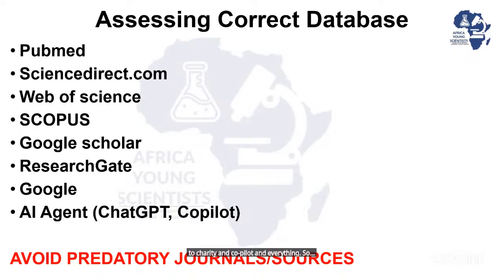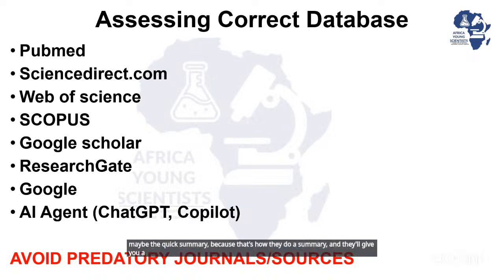So please, let me mention this. I'll still reiterate this at the end too. If you search and the AI agent returns a quick summary, because that's how they do it, they will give you a source, saying based on the summary, this is where they got this information.